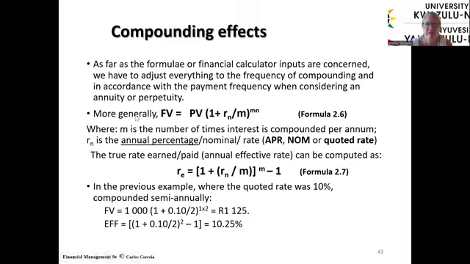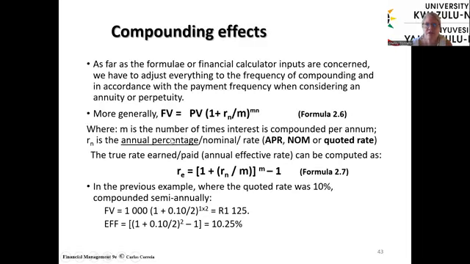So more generally then, our formula of FV is equal to PV times 1 plus R to the power of N becomes, when we're compounding more than annually, FV is equal to PV times 1 plus your nominal annual rate, that's quoted, divided by M, and M is the number of times interest is going to be compounded in a year, and then that is raised to the power of that same M times your N.